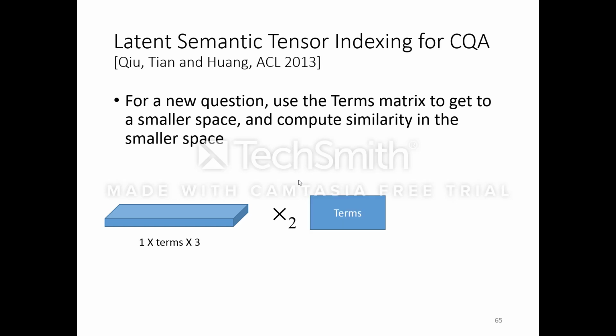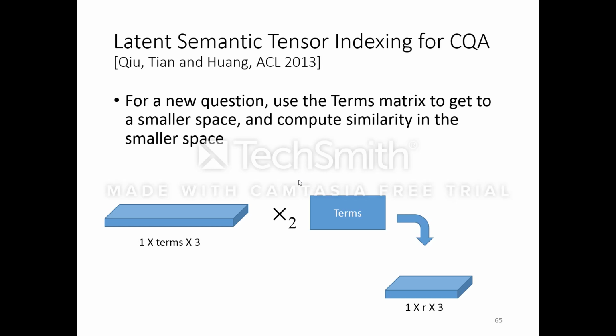And then you multiply it by the terms matrix that you got from the previous decomposition, and what you get is a 1 by R by 3. 1 by R by 3 essentially means it's an R by 3 matrix which has a height of 1, right? It's trivial in matrix. And now you have 3R values, arranged in the form of this tile, which is a lower dimensional representation of this new question, right?